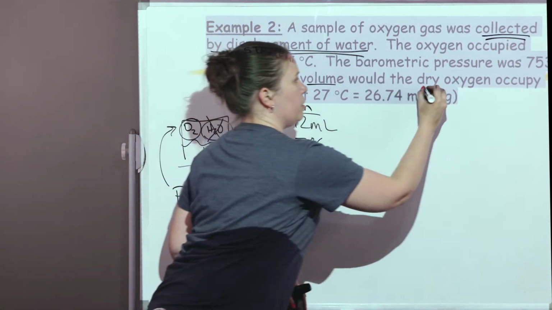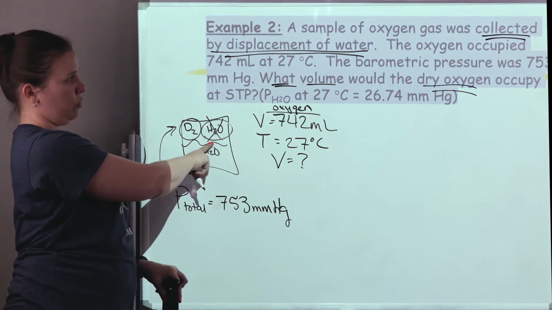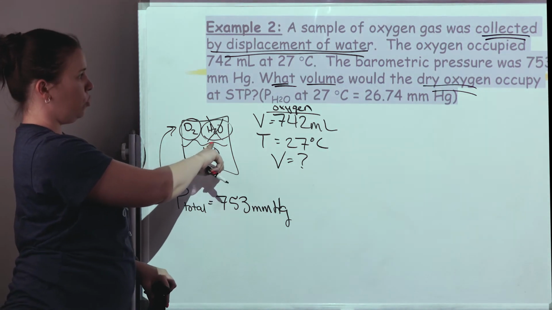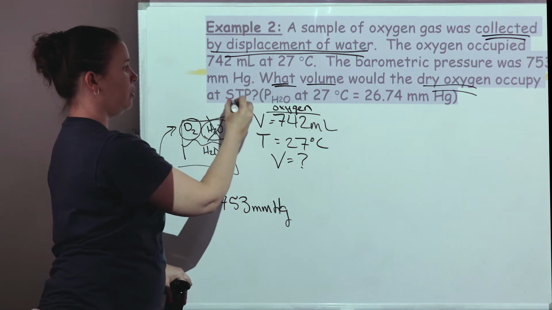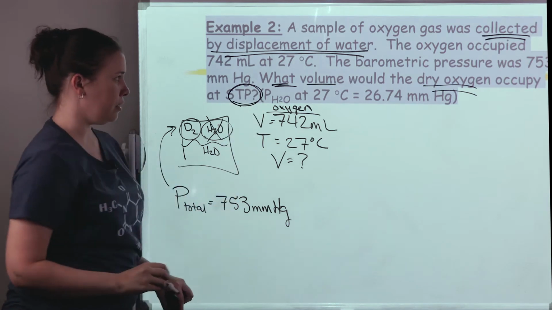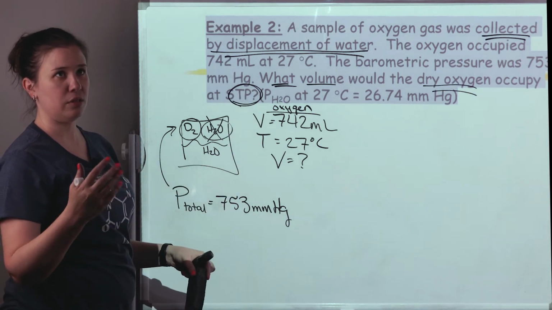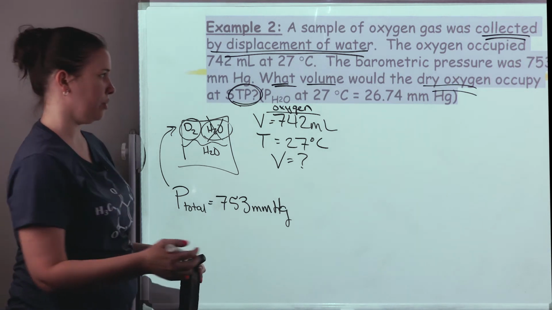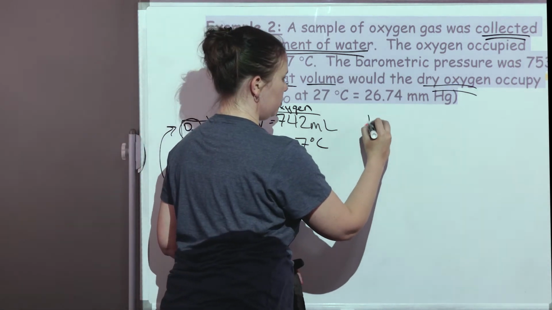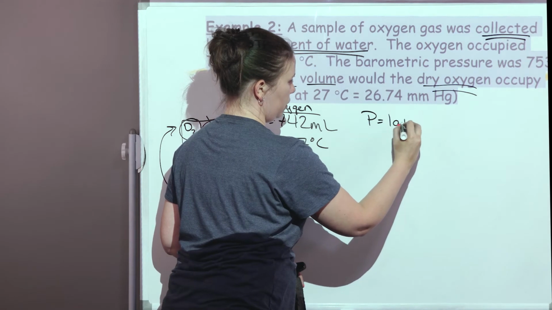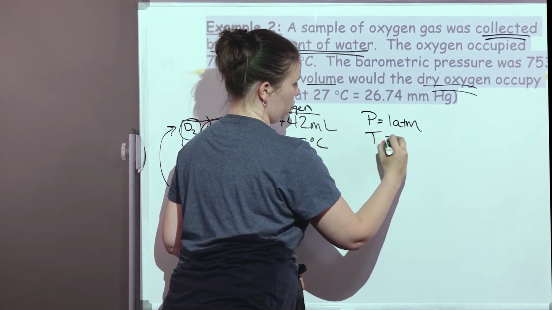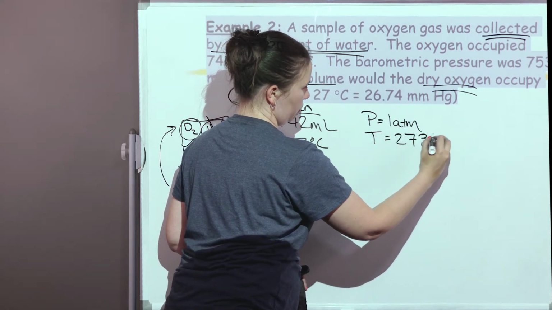What volume, so there's my V question mark, would the dry oxygen, so there's another hint there, dry oxygen meaning without water, occupy at STP? Now remember that STP gives you numbers as well, the temperature of 273 and the pressure of 1 atm. So let's go ahead and write those up here too. Pressure 1 atm, temperature 273 Kelvin.